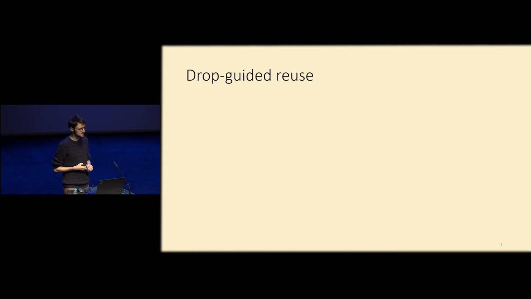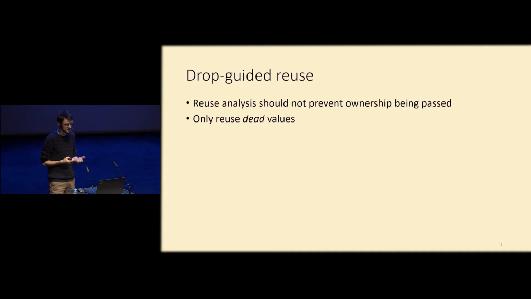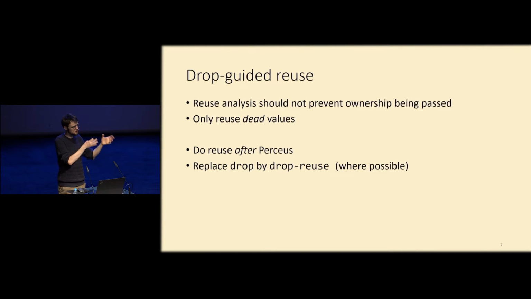We have defined a new reuse analysis called drop-guided reuse, which does not suffer from this problem. And our guiding principle here is that drop-guided reuse analysis should not prevent ownership from being passed. That means, in particular, we want to only reuse dead values. And to achieve this, unlike previous reuse analysis, which usually would insert the drop-reuse calls before inserting the reference count instructions, we now insert the drop-reuse call after the reference count instructions, after the Perseus algorithm has run.